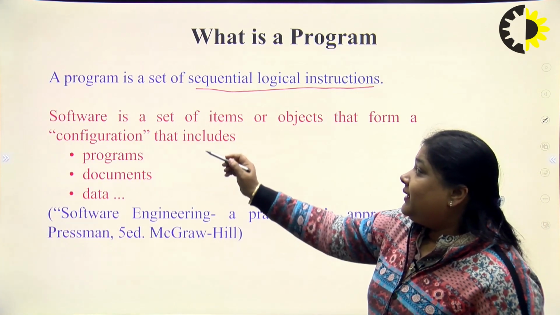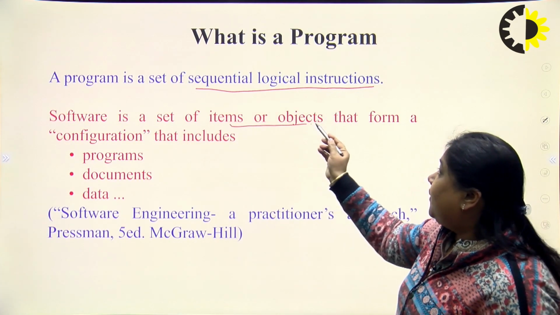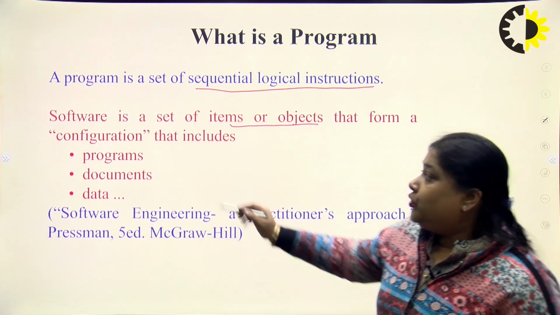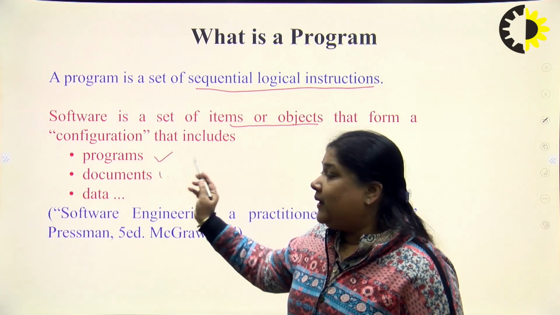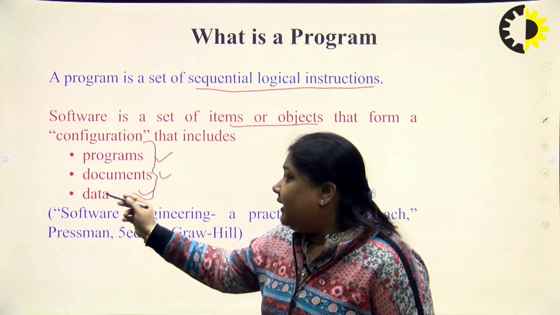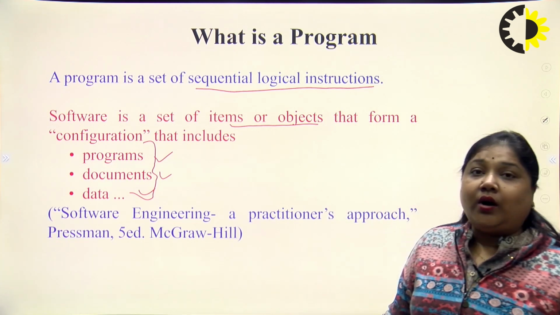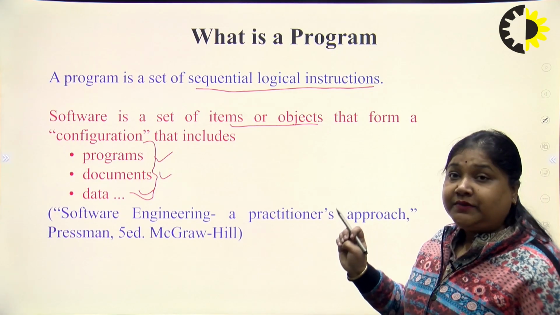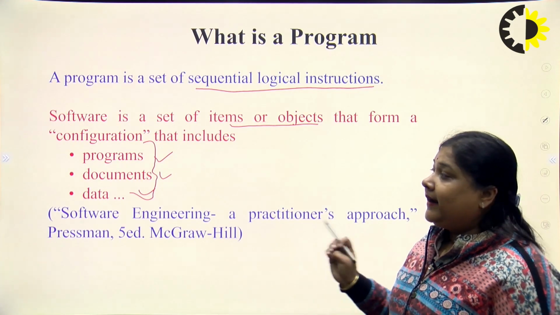So software is a set of items or objects that form a configuration that includes programs, documents and data. All of these things collectively are called the software. The software comprises programs, documents and data.